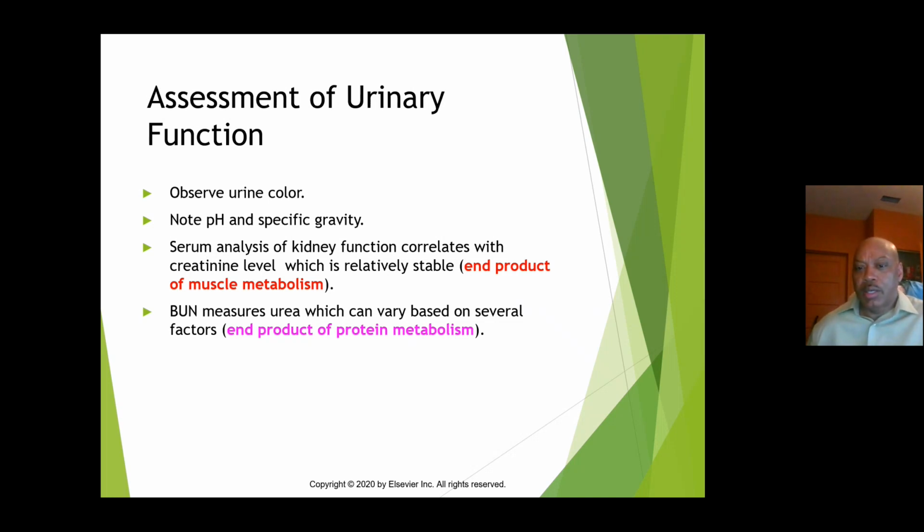So, that's just a little bit of information for you to think about. And as I told you also, the BUN does rise in dysfunctional kidneys, but it's not as specific as creatinine.